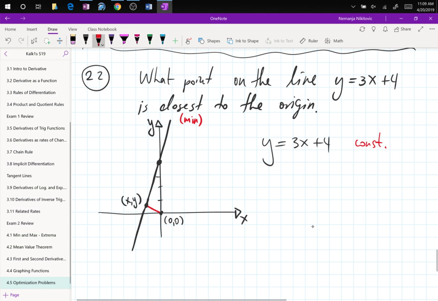Now, what am I minimizing? Read the problem.